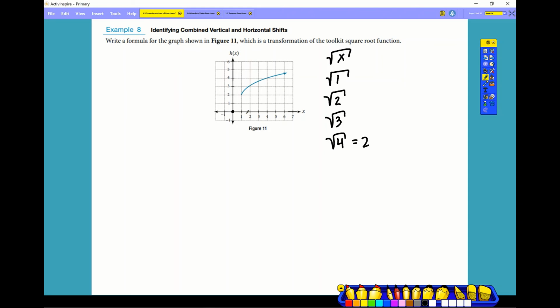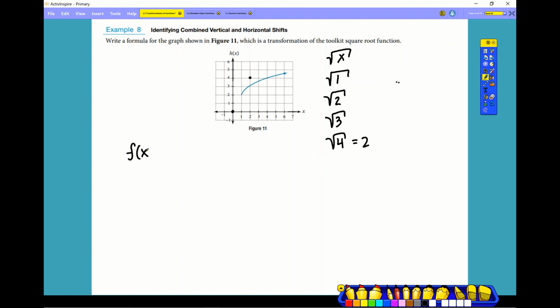So therefore, when x equals 4, we should get 2. And there are no other squares on the x line here because 5, 6, and 7 are not perfect squares, so it's going to be messy decimals.